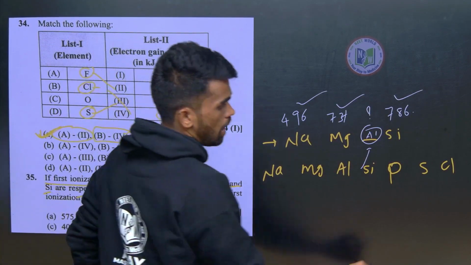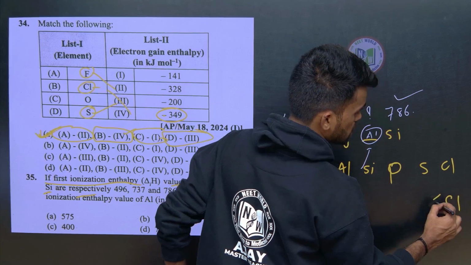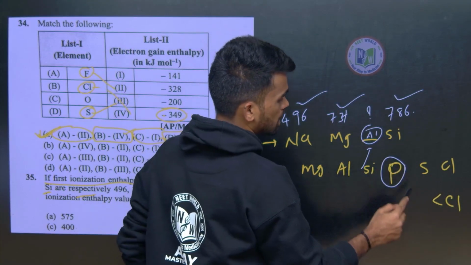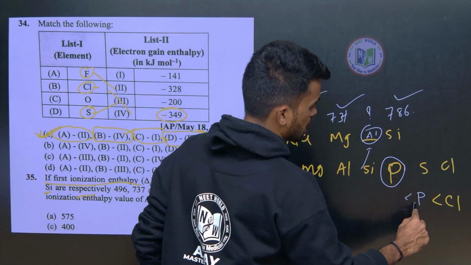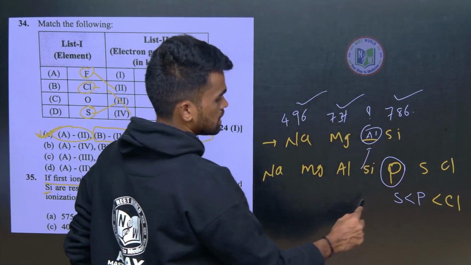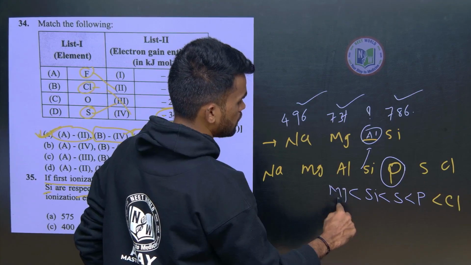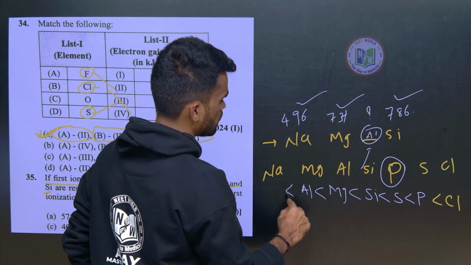We know halogens have maximum ionization energy. Then next phosphorus, due to its half-filled electronic configuration, has more than sulfur. Then next silicon, and next magnesium, then aluminium. The least is for sodium.